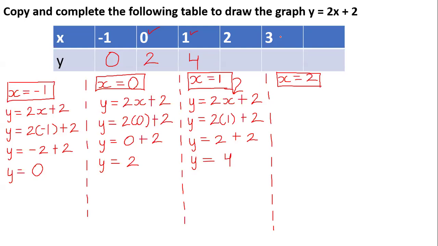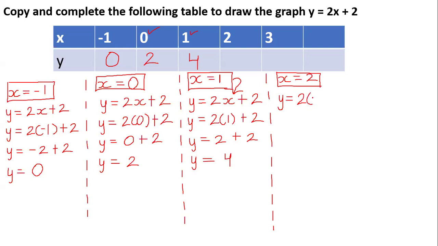Okay. So what we have to do is substitute, right? Whenever we see x, we have to put 2, right? So y is equal to 2, open bracket.